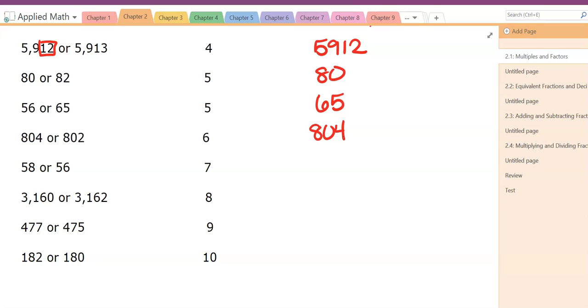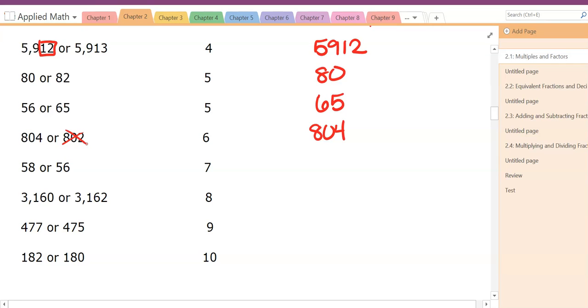So 2 can go into both because they're both even. So that doesn't really help us. So 3, we have to add up the digits. So 8 plus 4 would be 12. 8 plus 2 would be 10. 3 can go into 12. 3 can't go into 10. So that would eliminate 802 from our list.